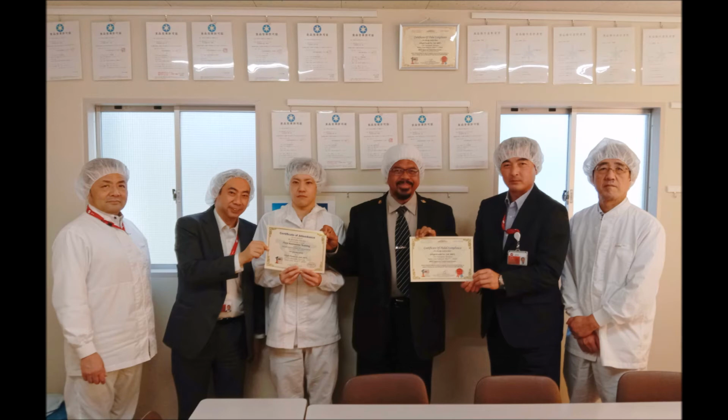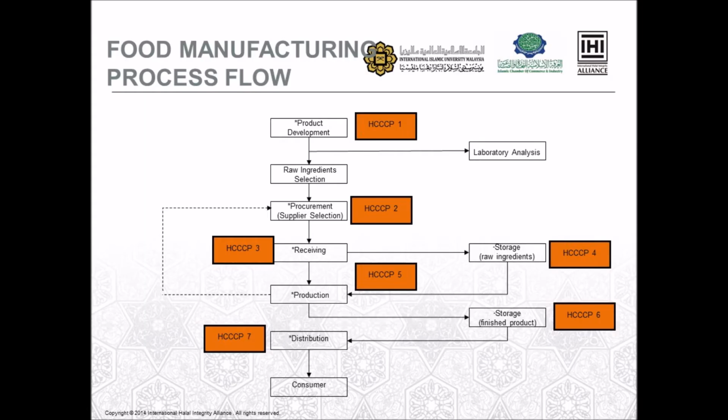That's why laboratory analysis plays a role. Soba sauce in our Japanese menu, we do have that. A company in Japan supplies it, but they don't have a halal certificate, but they provide us with a letter of guarantee. It has been tested, no trace of wine or alcohol in the product. Okay, now come back to procurement. Same thing, like what we talked about earlier under the food process flow.